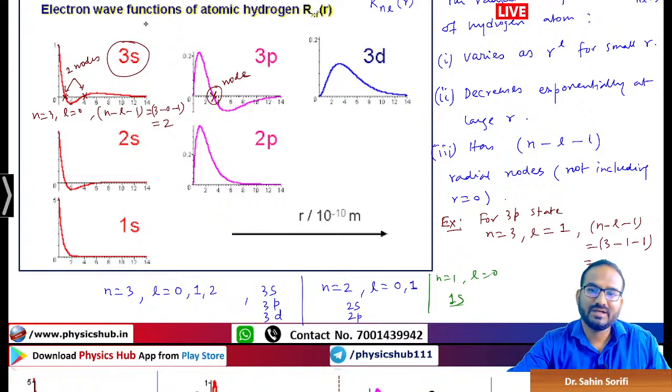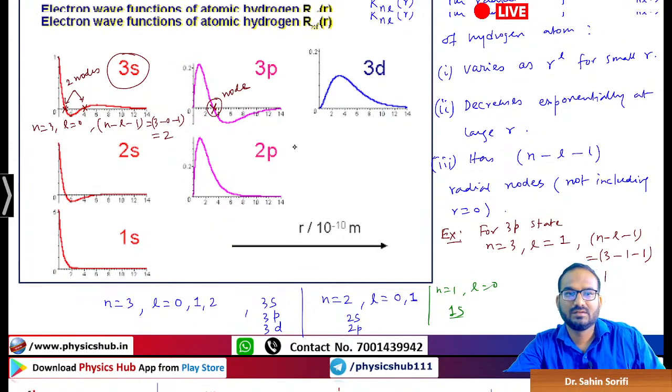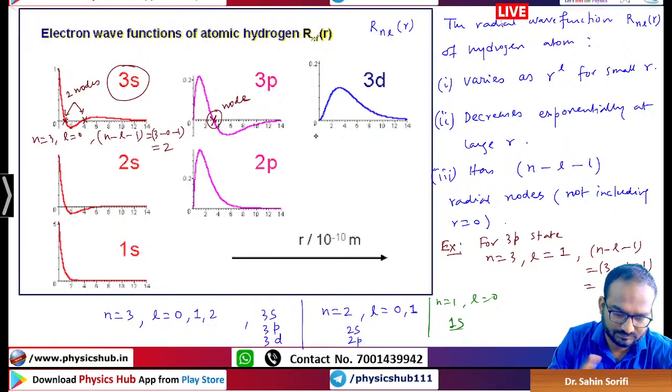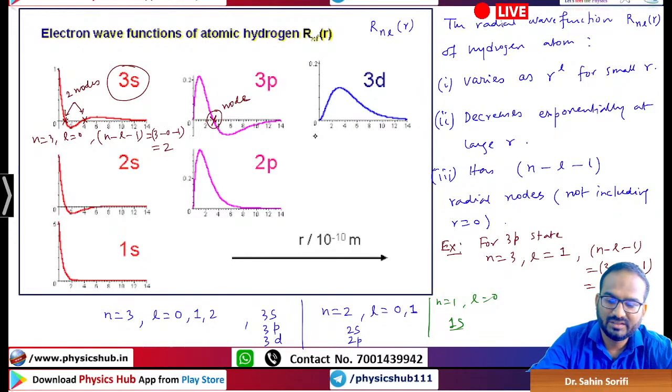So in this way you can identify the radial part of the wave functions. Let me know if there is any confusion.